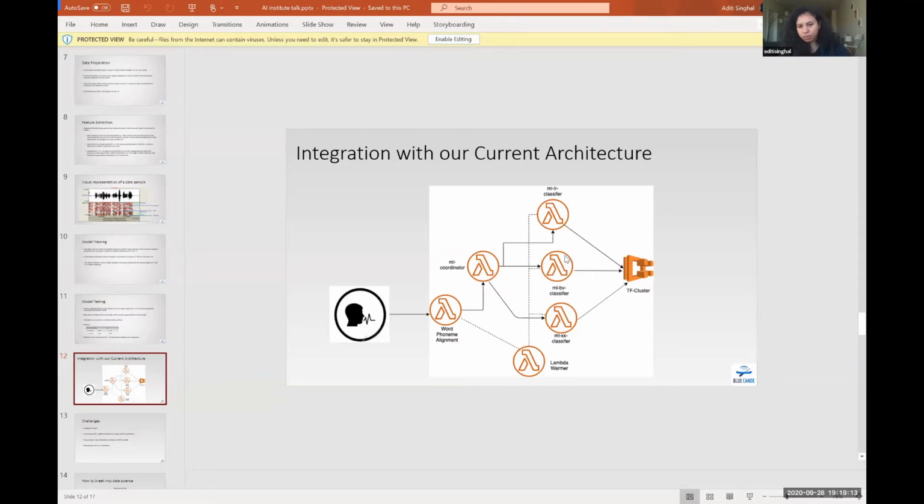And within that, even feature extraction would happen. So this function would contain a slicing function, a feature extraction function, and a prediction function. Once my predictions are done, I will send my output to a common place from where all the software side can pick up the output of my model and give the feedback to the user. So this is how our architecture looked.